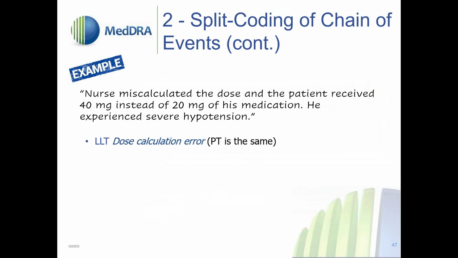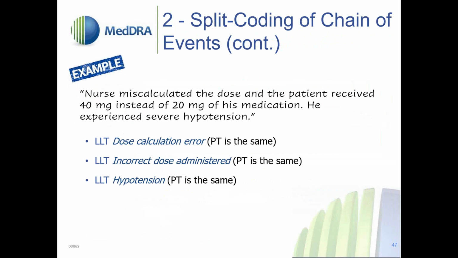We would capture the initial error with the LLT dose calculation error, plus the subsequent administration error with the LLT incorrect dose administered, and of course also the resulting adverse event in the patient, the hypotension. It is a chain of events starting with the dose calculation error that leads to an administration error, the administration of an incorrect dose, and finally to an adverse reaction in the patient, a hypotension.